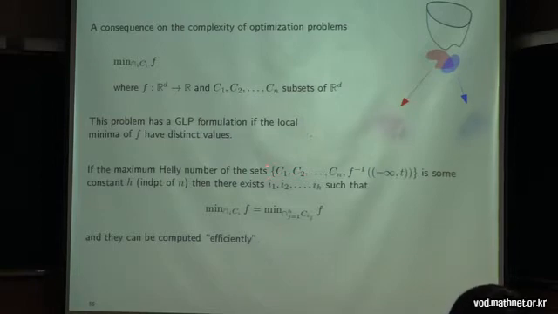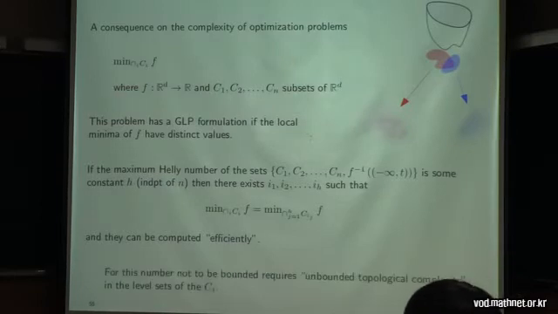Okay, so what I'm doing is, I'm taking those constraints and I'm looking at the level sets of each constraint, of the constraint with the function. I get a parameterized family of set systems, parameterized by t. And now if I can bound the Helly number of each of those families by some constant that is independent of n, okay, and independent of t also, of course, then there is an efficient algorithm that computes that.